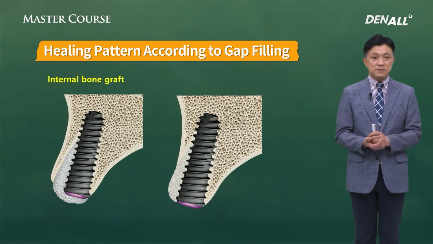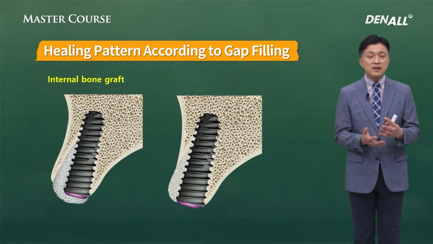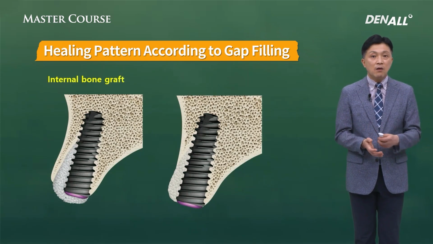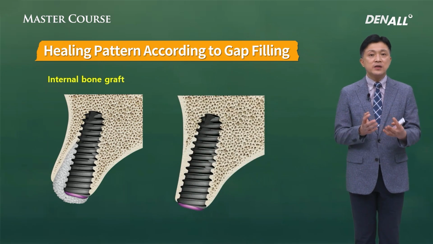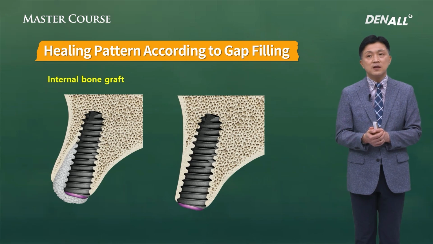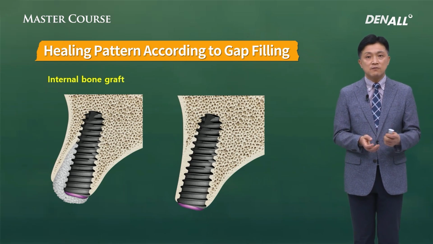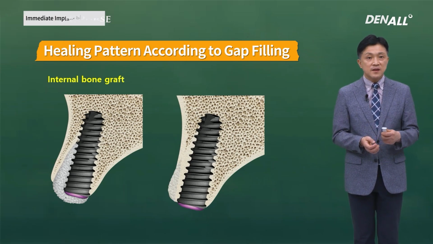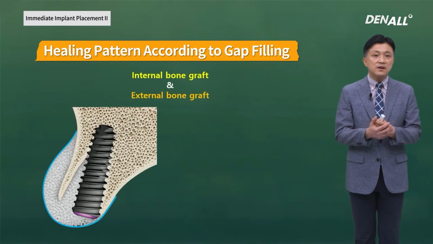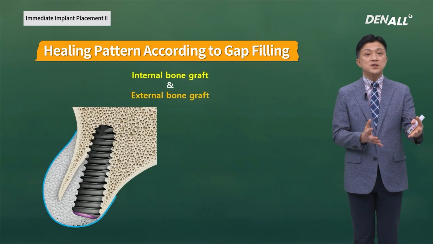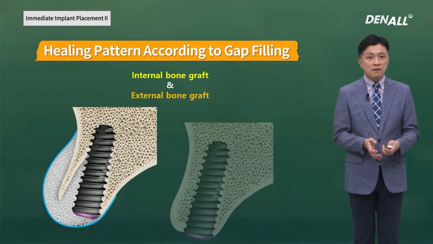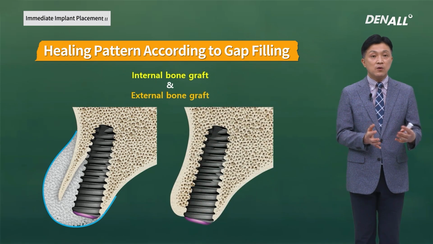When you do only internal socket graft, you can prevent somewhat of a remodeling, but there's still going to be only thin labial plate left. The amount of labial plate thickness is most when you do both external and internal socket graft. You can get such very good results.